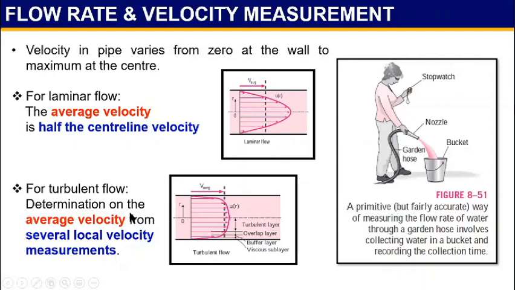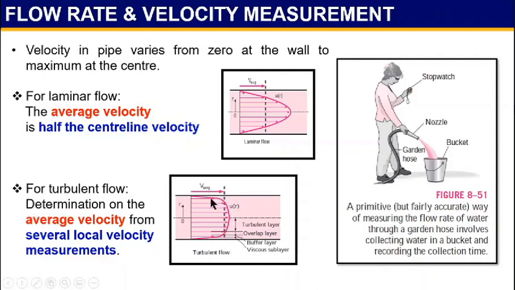Okay, in turbulent flow, at every point in the pipe, actually the velocity is different because it is turbulence. So how do we determine the average velocity for turbulent flow? So we have to take measurement. We have to determine several local velocities.